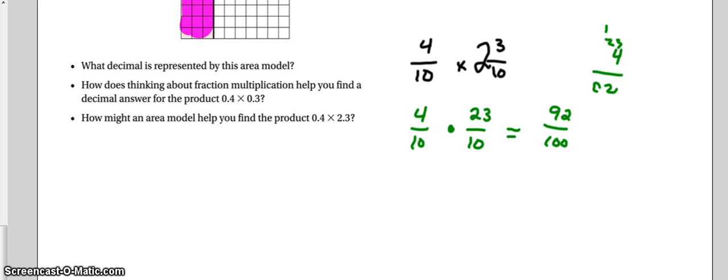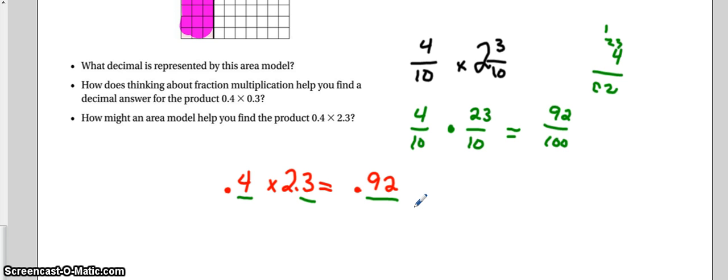All right, so what that means for us in terms of decimals is that 0.4 times 2.3 is going to equal 92/100ths. The key here, and what I'm going to point out to you, is that if you look in the problem, we have one decimal place here and one decimal place here, and in our product we have two decimal places behind the decimal.